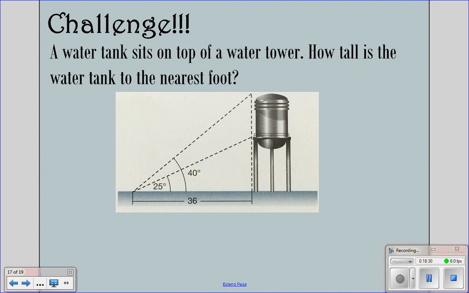All right, so some of you may have been able to figure it out. The height is going to be 13 feet. And it was to the nearest foot, so if you round your answer and you got 13 feet, then you probably did it correctly. So the way that you're going to do that, you're going to take this triangle here, and you're going to use the tangent of 25.